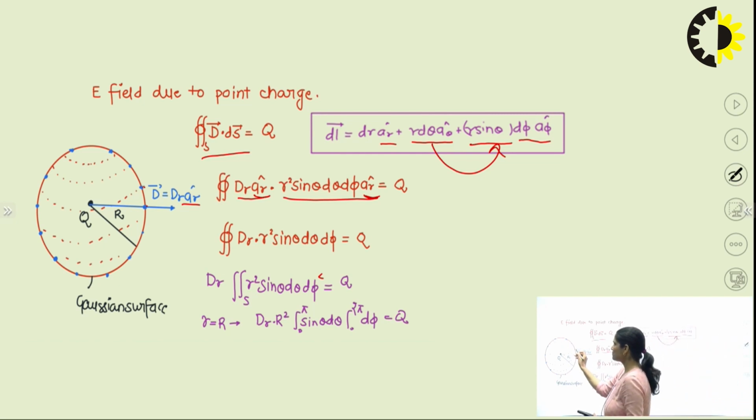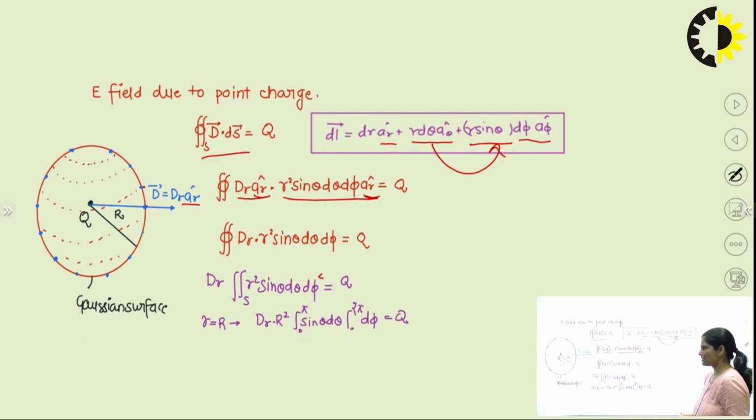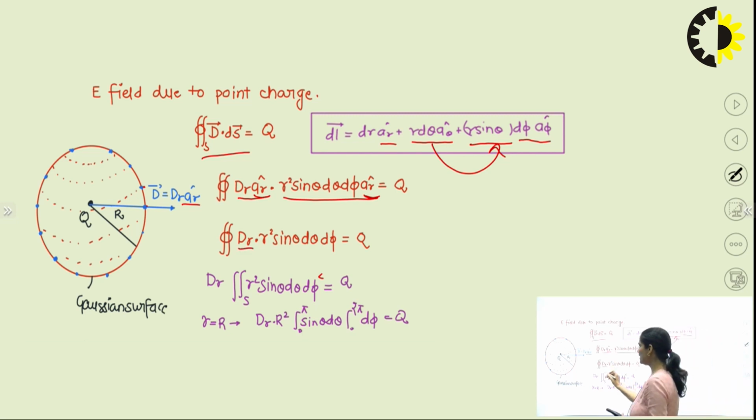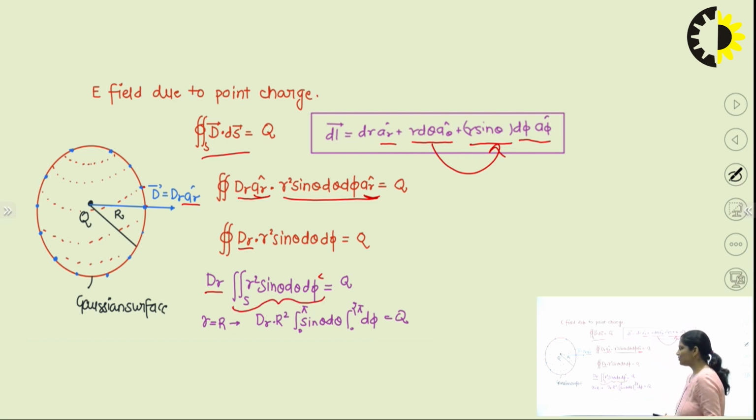If you are considering this point, the radius is the same here, and D is also constant at this point, at all these points D is constant. So D_r you can take common, outside this integration, and now you can integrate this portion, and that is equal to Q.